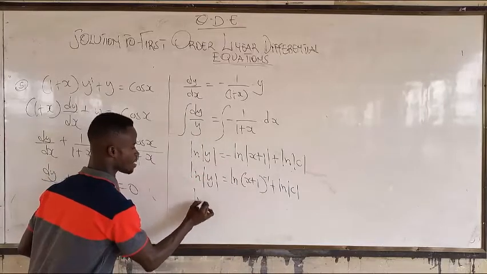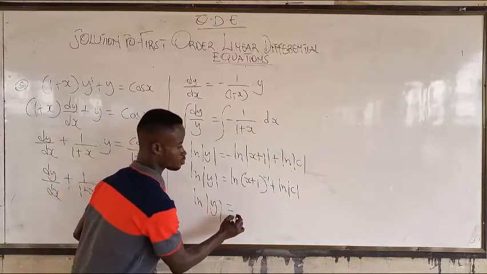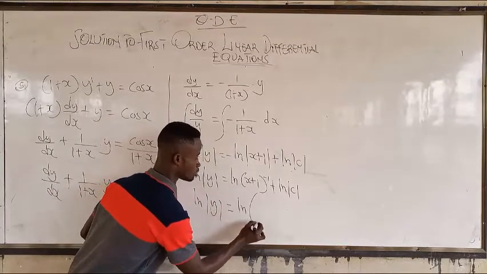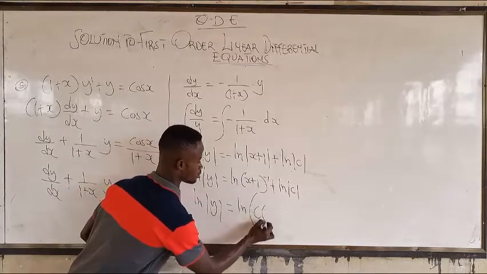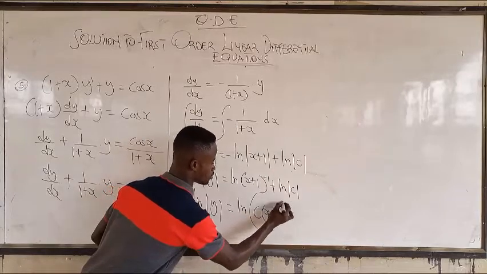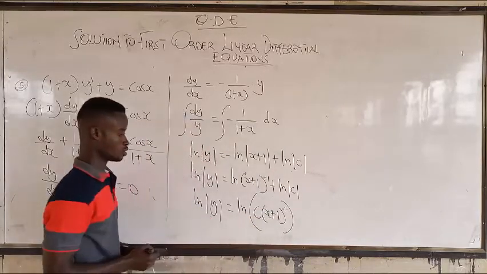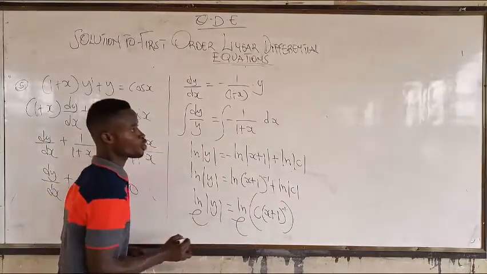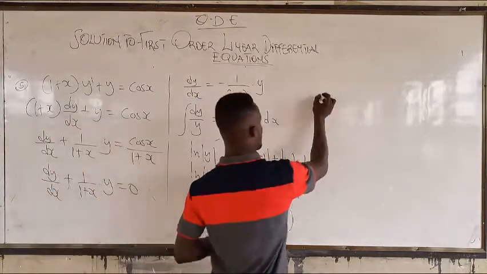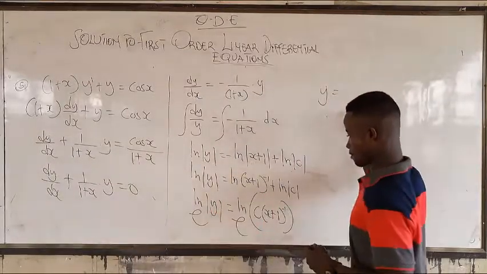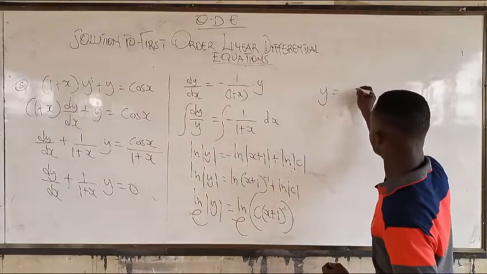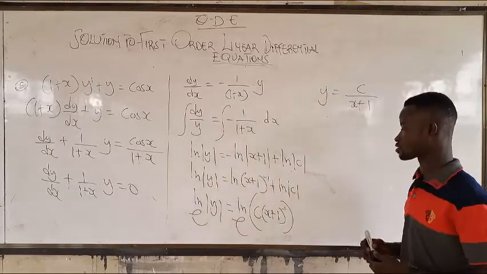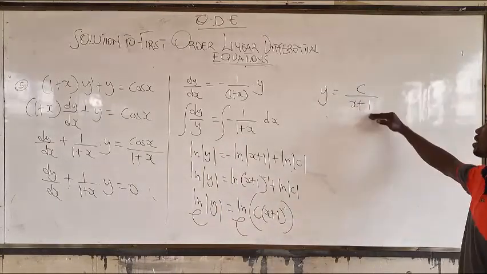So we can combine what we have there. Then we take the natural log on both sides. Hope you are not lost. This is the same as this.